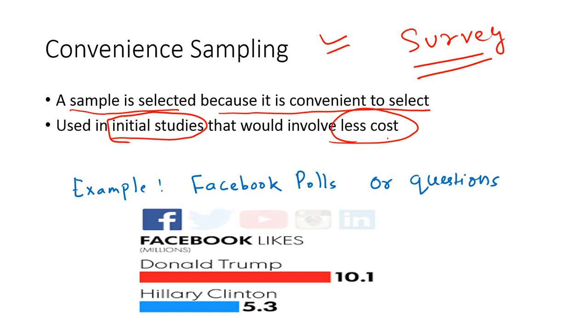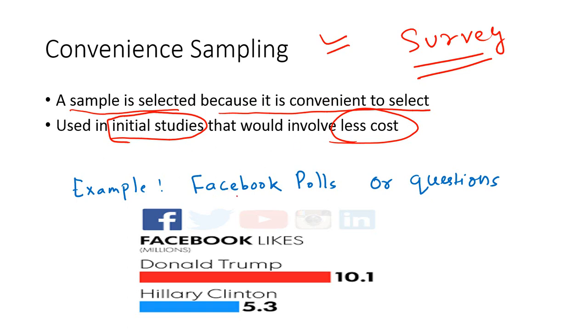You do not want to spend money on going ahead with a very large sample which is very representative and completely random, because that would be a very costly affair. Just go ahead with a select set of sample members which are very convenient to reach out to.